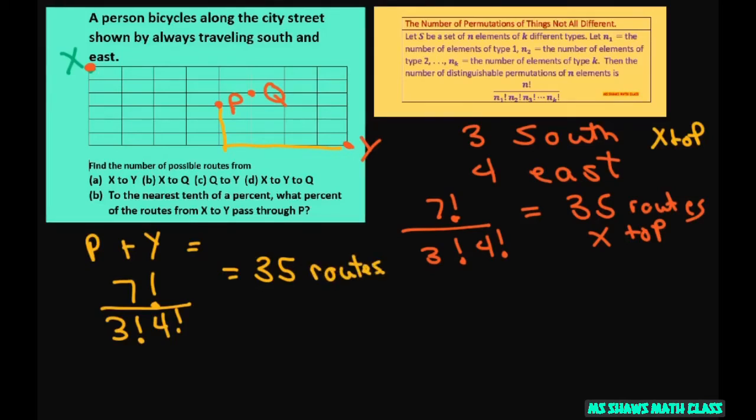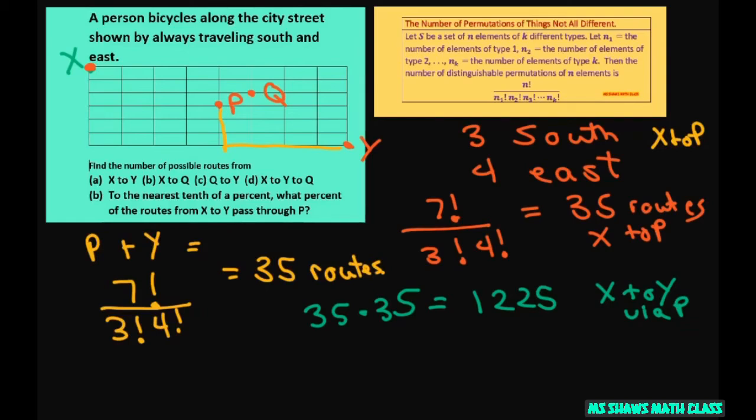Therefore, the total is 35 times 35, which equals 1,225 from X to Y via P.